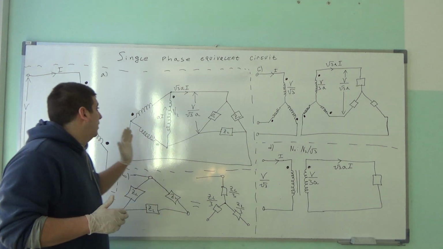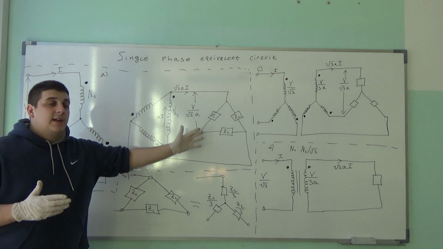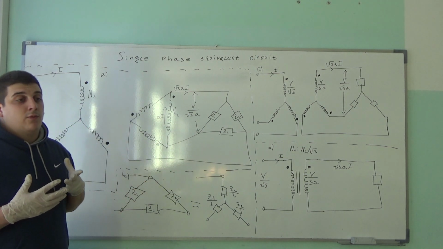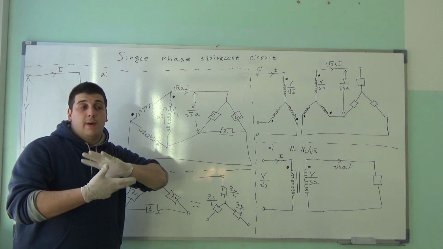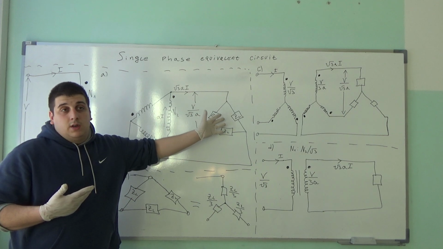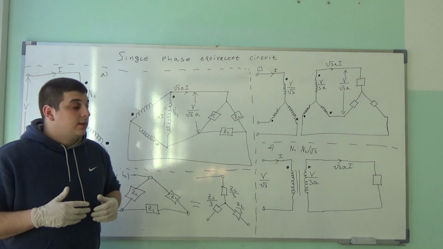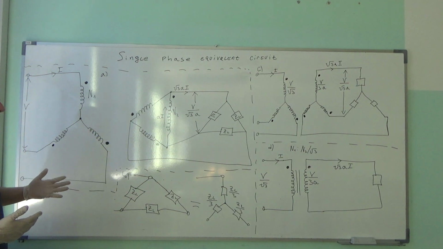So we have a balanced 3-phase voltage and a balanced 3-phase load. If the voltages and the loads, ZL, are balanced, then the currents in the 3-phase system are also balanced. In every phase, the RMS values are the same.